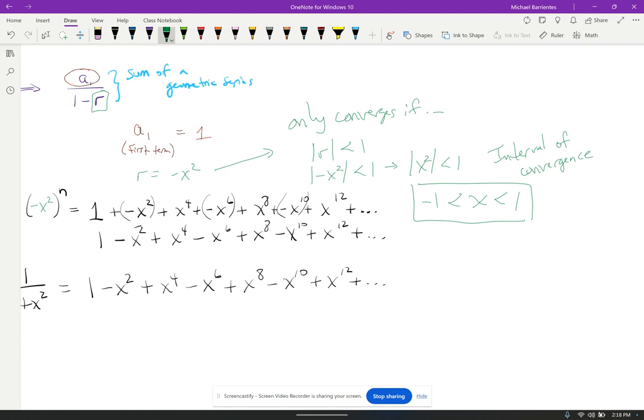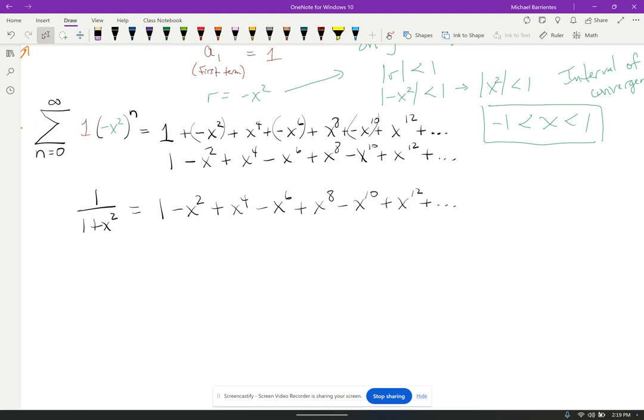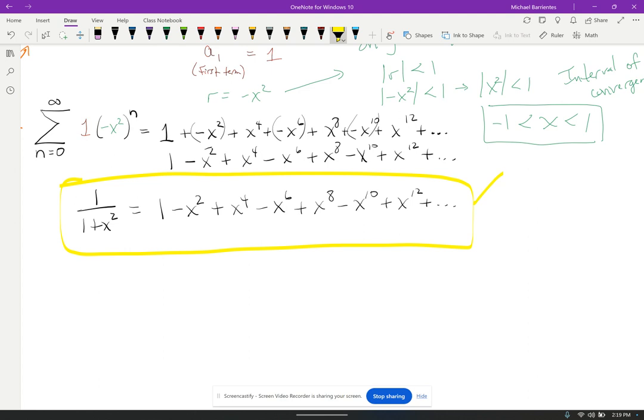Well, because of the geometric series conditions where the absolute value of the ratio had to be less than 1, then that means that in this window, my series is going to converge. So coming back to where we ended here, the question is, is this true? Yes, but only for those x values. How do we know that that's the case?